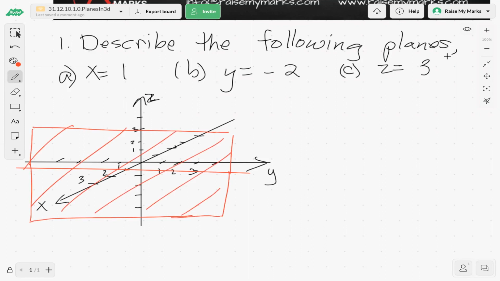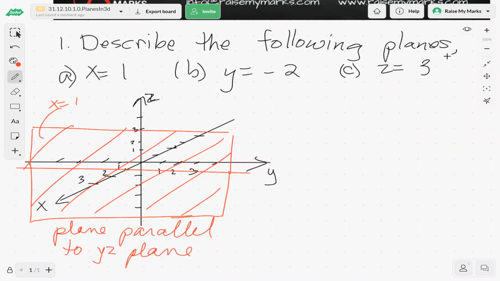So x equals 1 is a plane parallel to the YZ plane. That's one way of representing it.